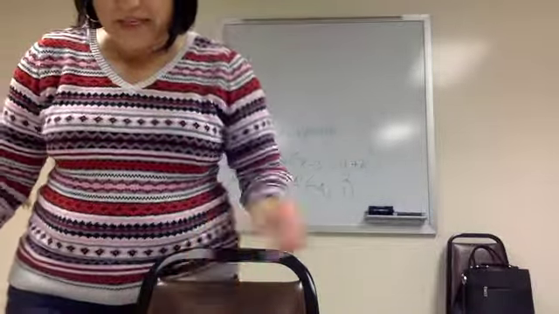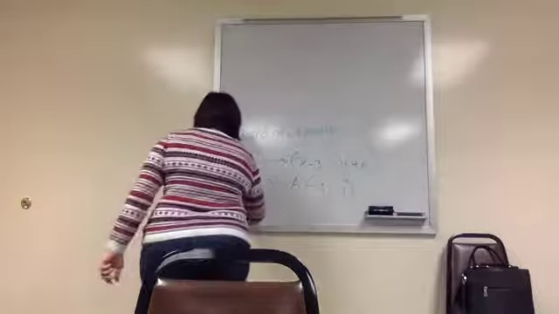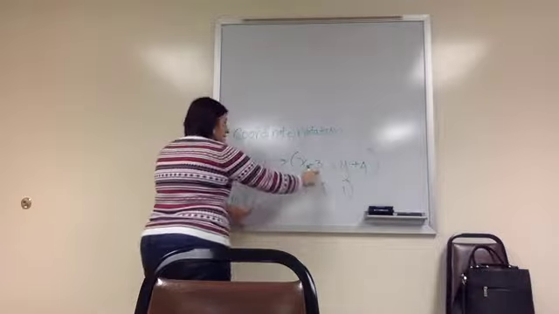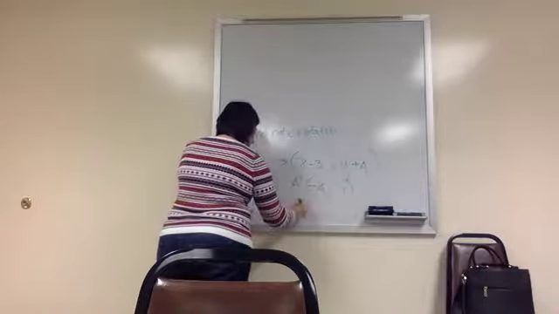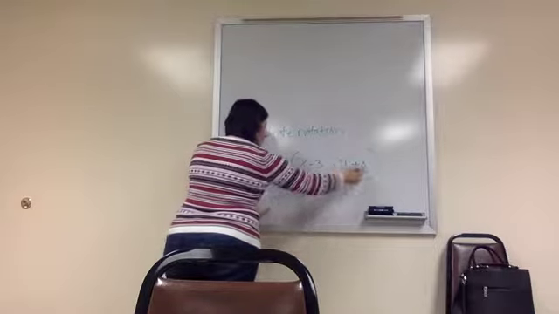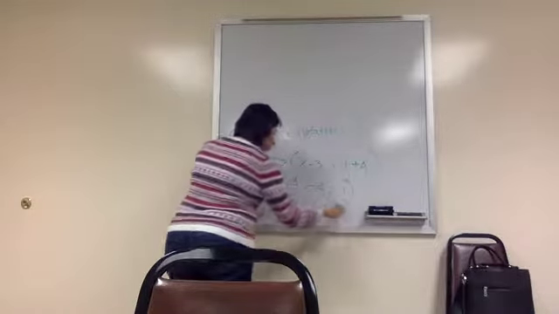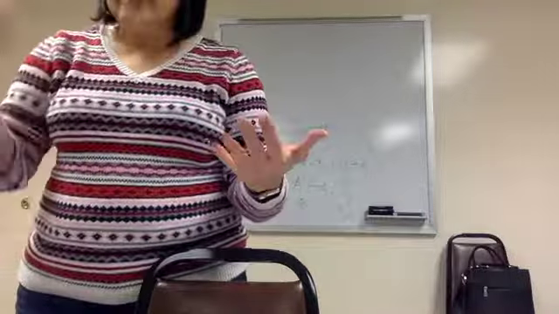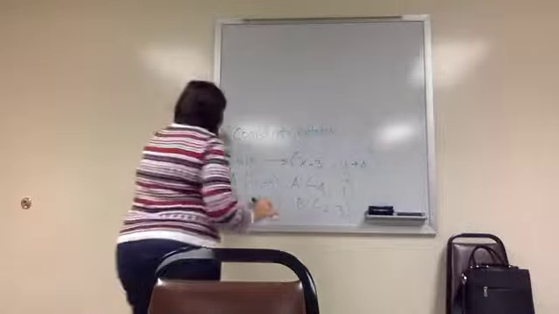B is 1, -1. We subtract 3 from it, so B prime is going to be 1 minus 3, -2, -1. You see how that works? All right, so that's a translation using coordinate notation.